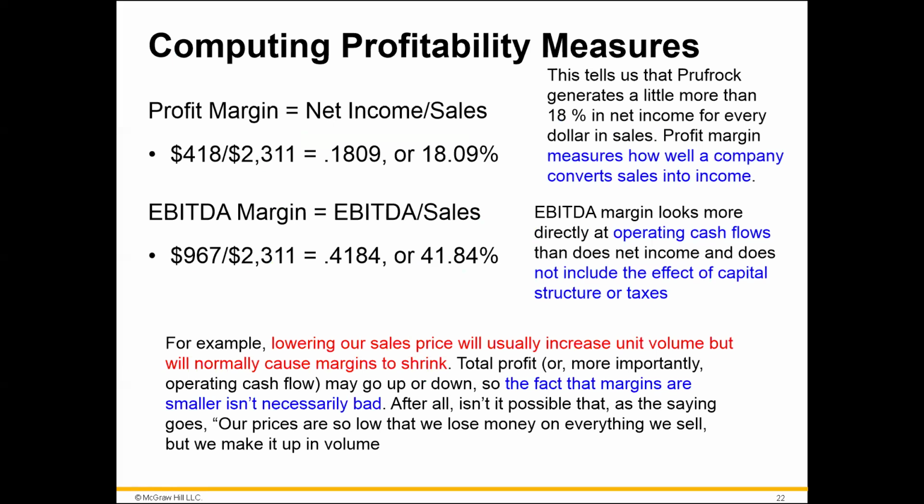It is defined as net income over sales. For example, this ratio is 18%. So this tells us that the corporation generated 18% in net income for every dollar in sales.